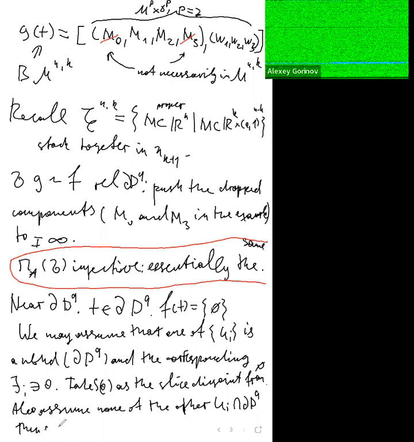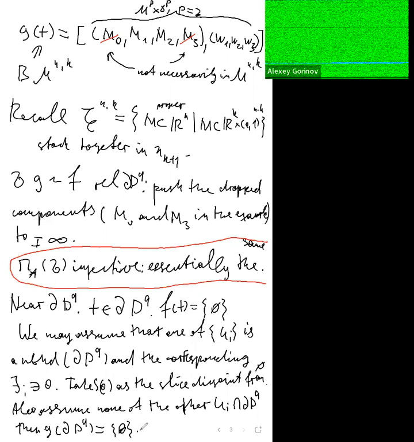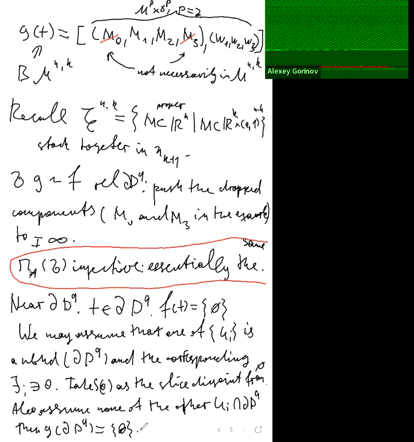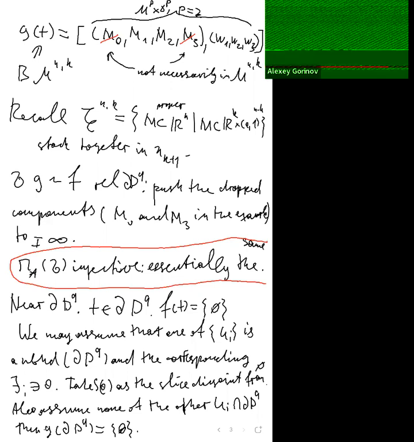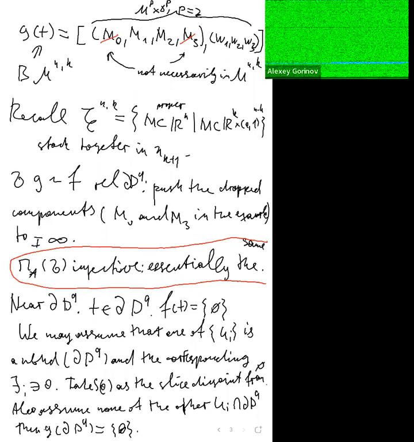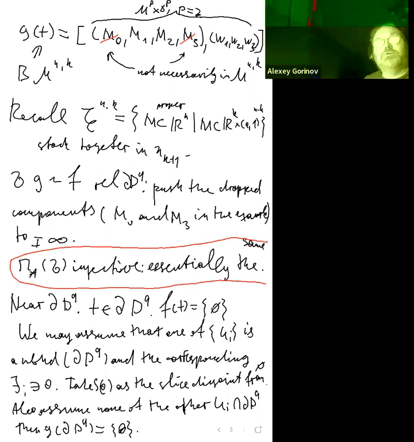The G on the boundary is identical to the behavior of F, meaning G takes the boundary to the empty set. Okay, and so on. Are there any questions, comments, criticism?